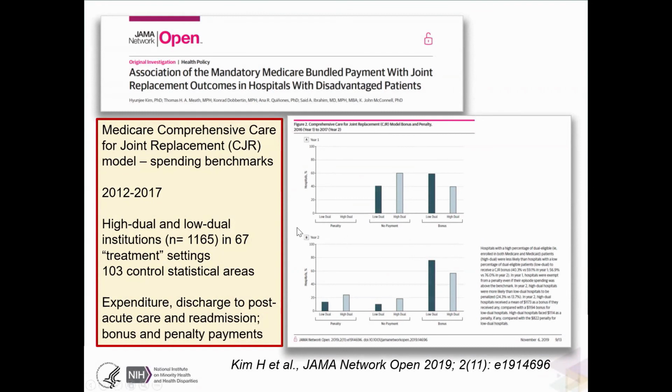After the implementation of the policy, as it says here, the policy is tracking a number of readmissions, also bonuses and incentives, but also penalties. They found that hospitals that serve this high dual population were also paying higher penalties, possibly because they were having a higher number of readmissions, and they were receiving a lower bonus compared to the low dual hospitals.